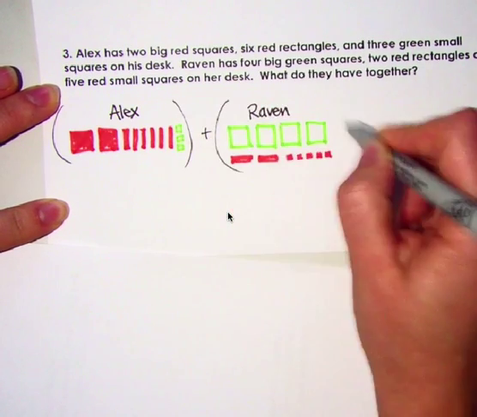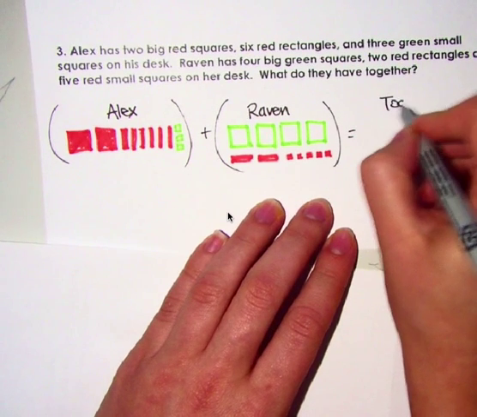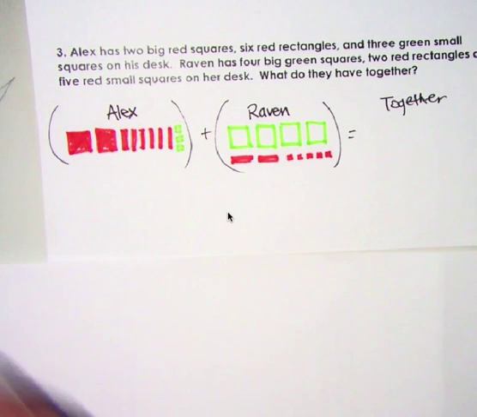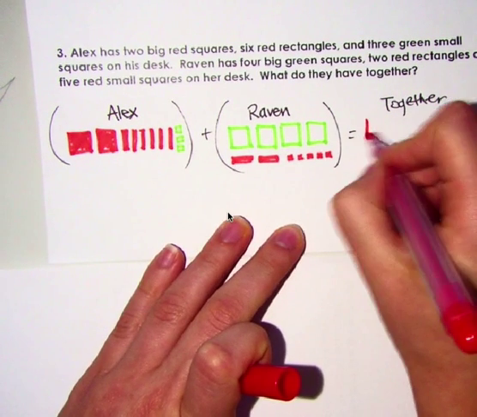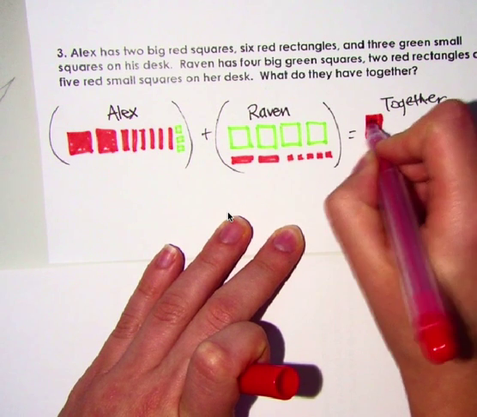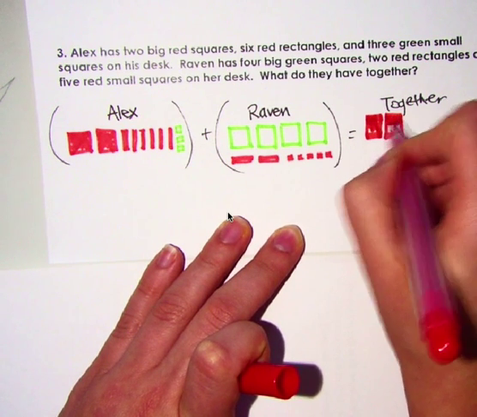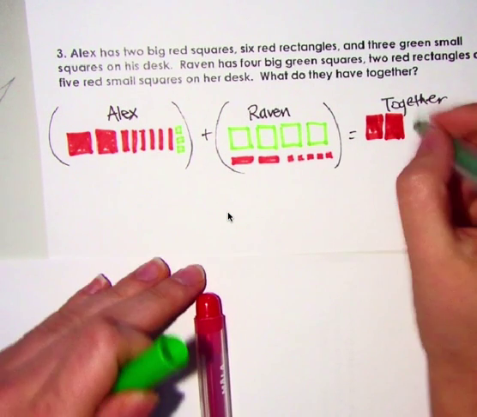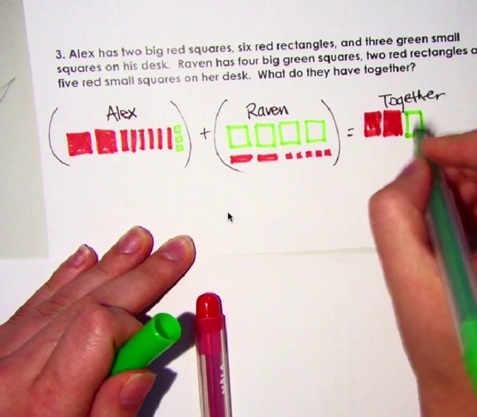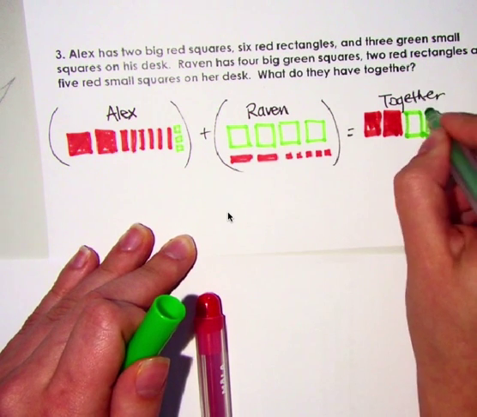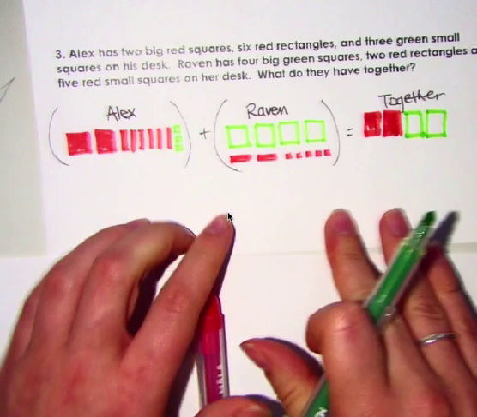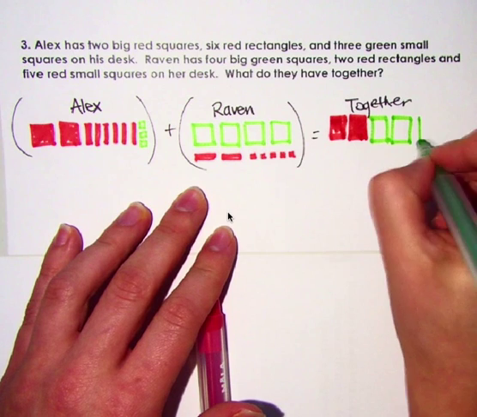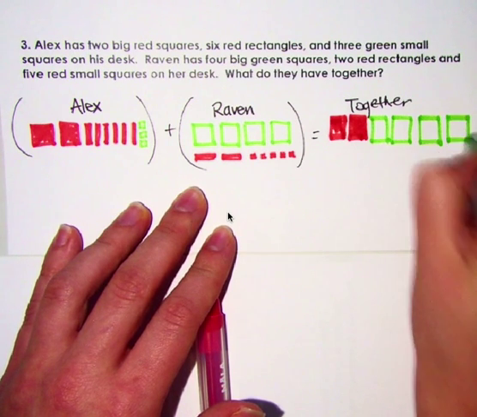So when you combine what they have together, you should have 1, 2, 3, 4, 5, 6 squares, but be careful. You have 2 of these red ones, and then you have 4 unshaded green ones because that means that they are negative. If you are doing this at home, you don't have to use colored pencils or markers. You can just make sure you are shading or not shading to denote whether something is positive or negative.